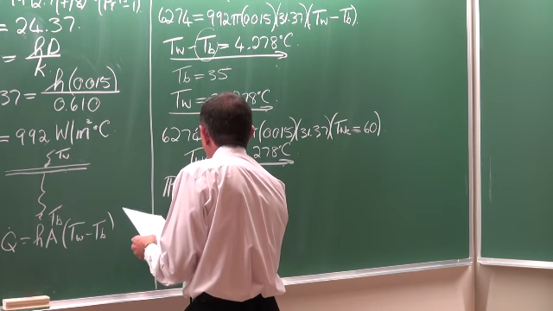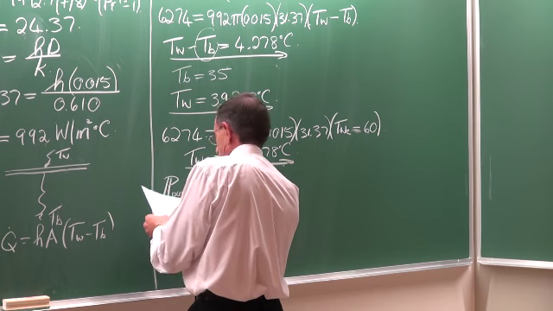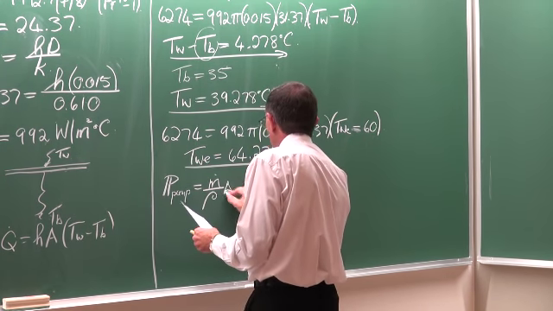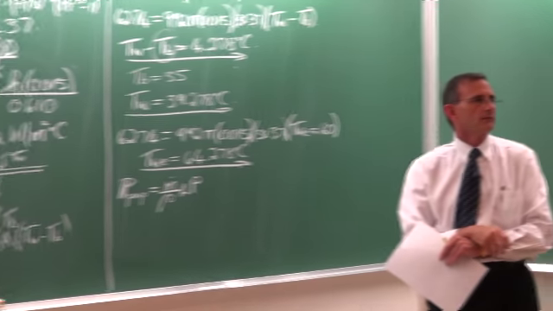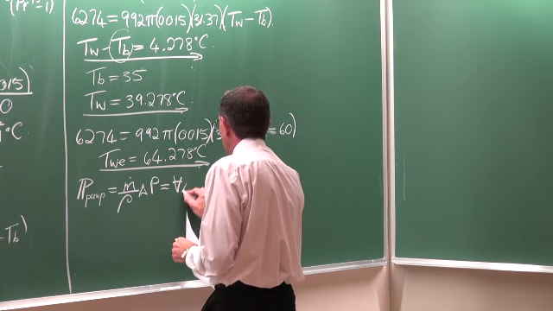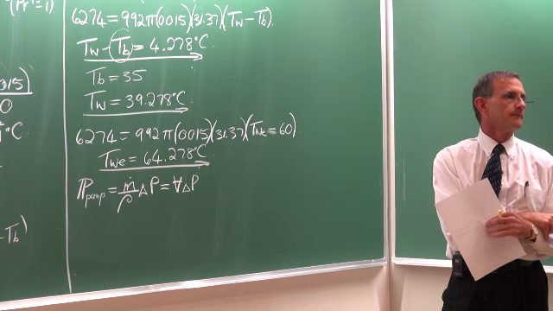The pump power required from the pump is equal to the mass flow rate divided by the density multiplied by delta P. Okay, or is equal to the volume flow rate multiplied by delta P, whichever equation you want to use.